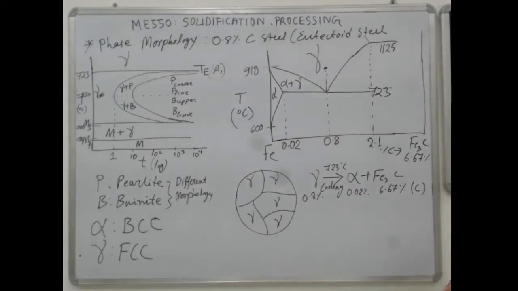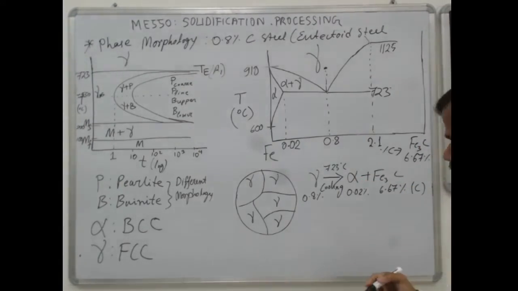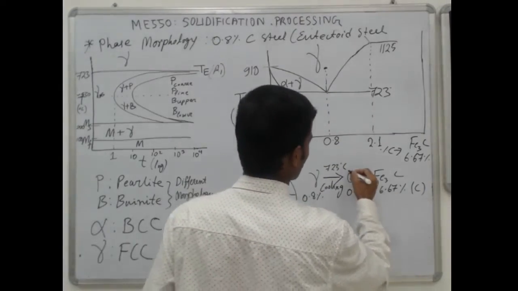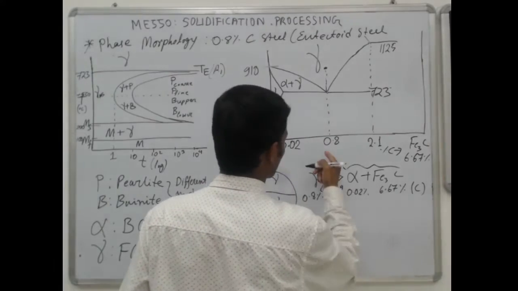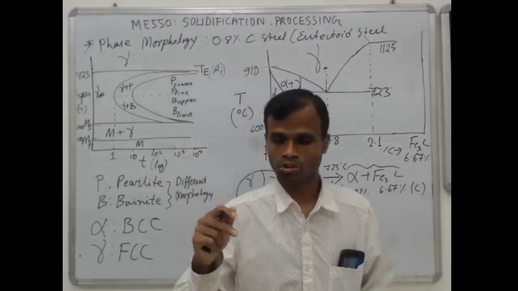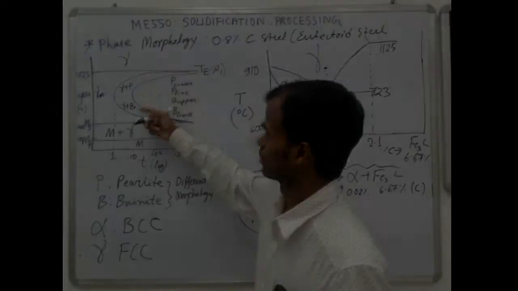The question is how the formation of these phases takes place. This together is called pearlite. Of course, you get this pearlitic transformation when your cooling rate is relatively small.